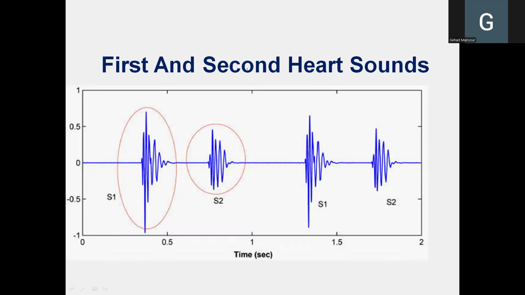Of course, this is a normal audiogram because you don't have any superimposed sounds on S1 and S2. But if you have a superimposed sound here or a superimposed sound there, then you have a murmur. This is important to define a murmur.